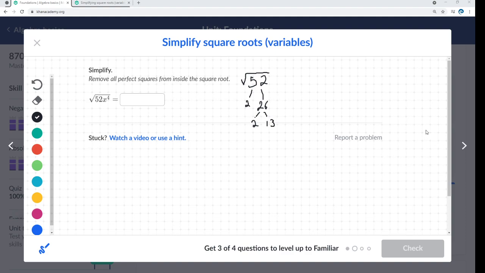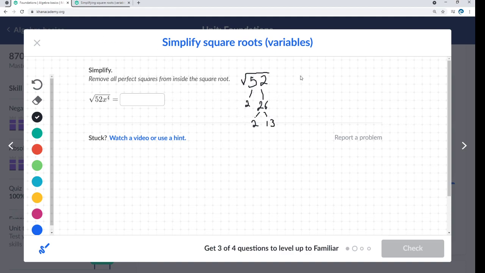And then 13 is probably a prime number, right? Because you can't divide it by 2. Divided by 3. Pretty sure it's a prime number. Pretty sure. Right. In this case, b is x.